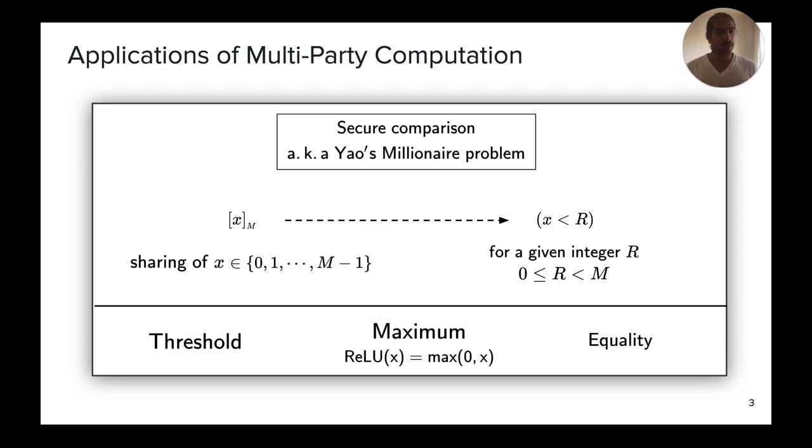Or if you want to find the maximum of a number of integers, a very specific case of this is the function called ReLU, which is very popular in machine learning, where we would like to find the maximum of x and 0. So if x is negative, we output 0, but if x is positive, we output x. This is yet another example where the secure comparison protocol is used, and equality, for instance, can also be built using secure comparison protocols.